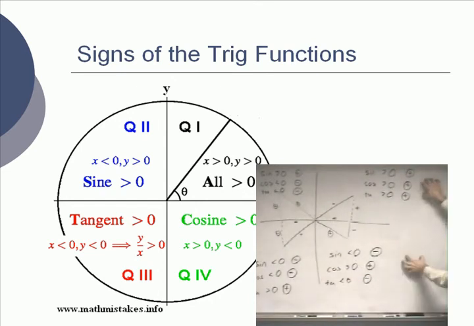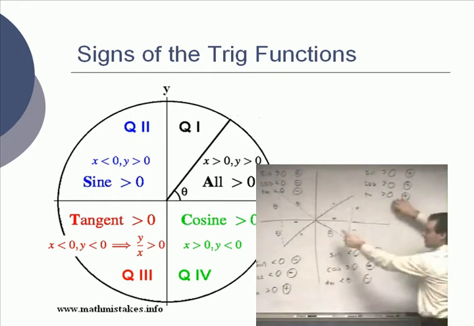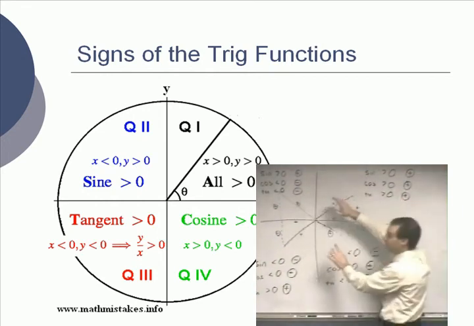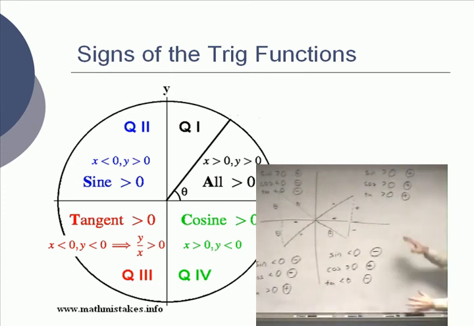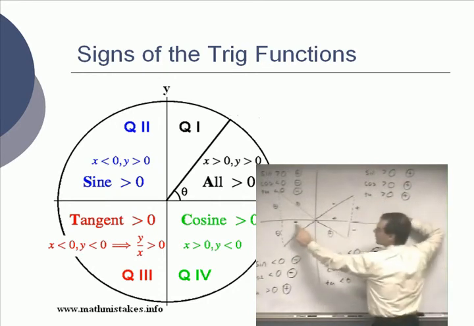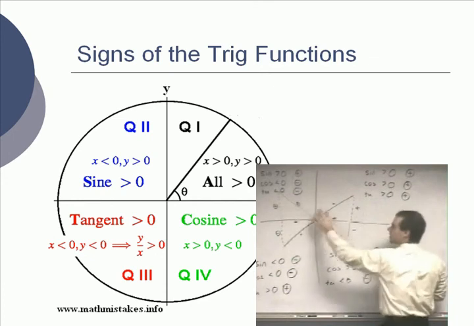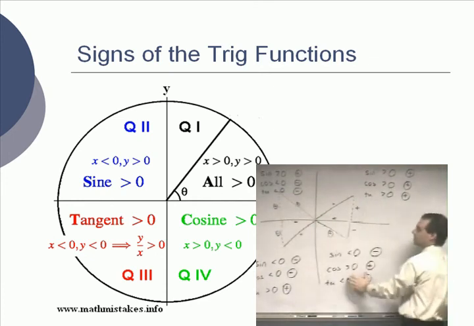Cosine has two where it's positive, two where it's negative. It's positive where the adjacent side is positive. It's negative where the adjacent side is negative. What about tangent? Tangent has got two where it's positive, where the opposite and adjacent have the same sign. And it has two quadrants where it's negative, when the opposite and adjacent have opposite signs. So tangent is negative here and here.